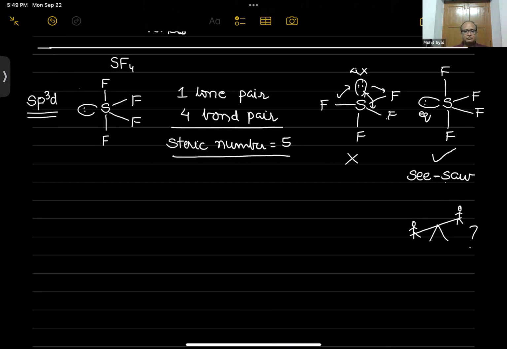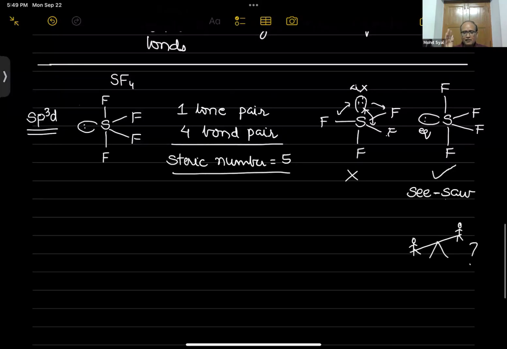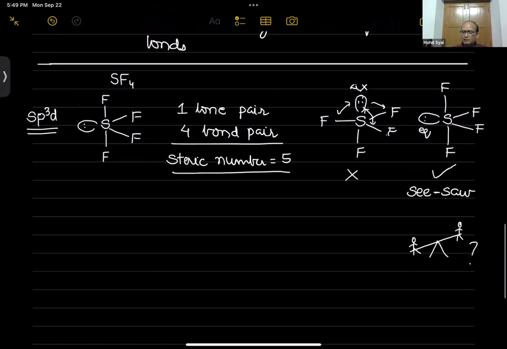Seesaw. Yeah, seesaw. Just look at the bonds, don't look at the lone pair. Look at the bonds, how are they? There are 2 bonds up and down, one in the front, another at the back.